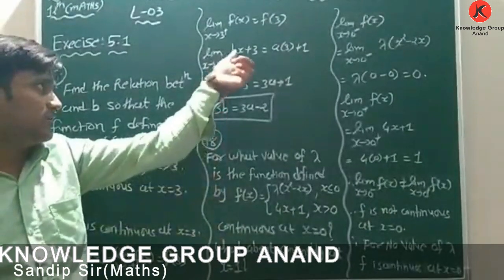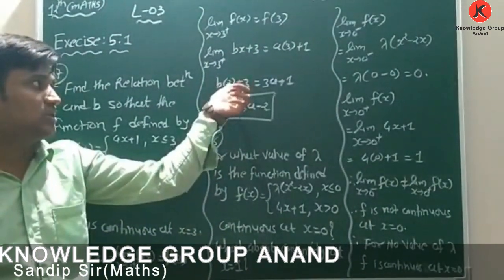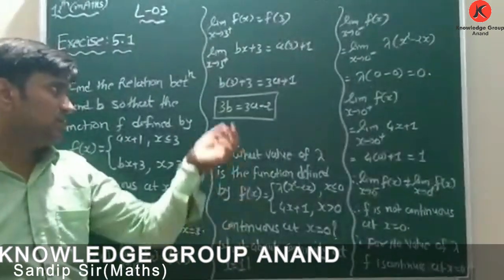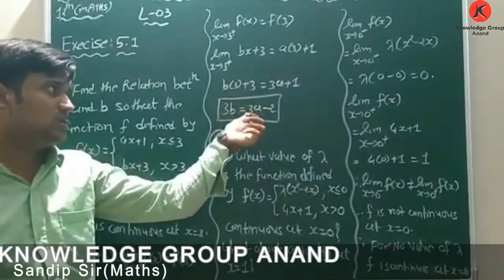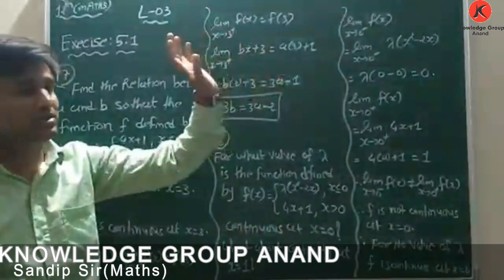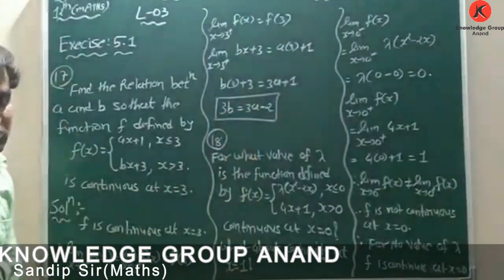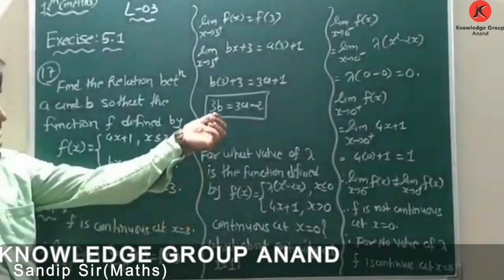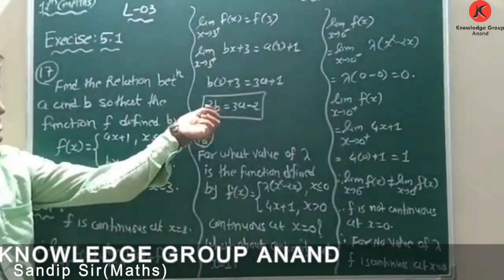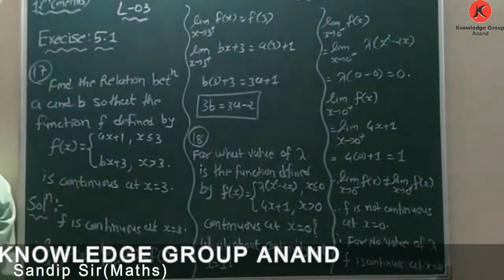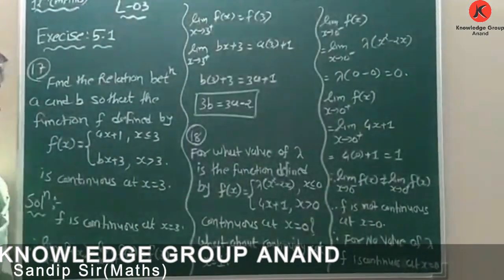Okay, here putting x is equal to 3, we get 3 into b plus 3 is equal to 3a plus 1. So that answer is 3b plus 3. Okay, that means taking 3 to the other side, minus 3, that means 3b is equal to 3a minus 2. Again further simplification can be done, divide by 3 and the relation b is equal to a minus 2 by 3 also works. Okay, that completes your answer.